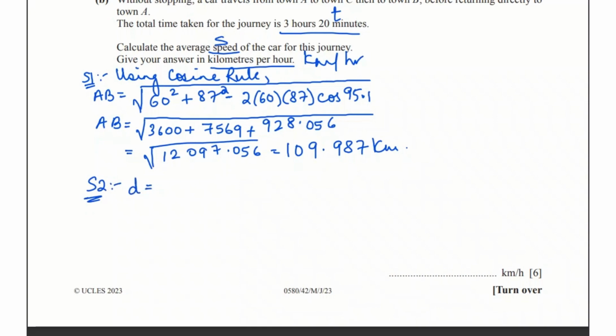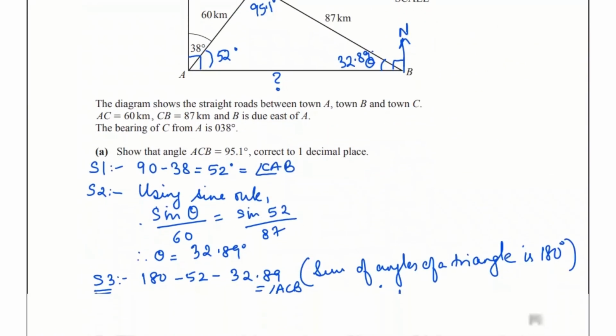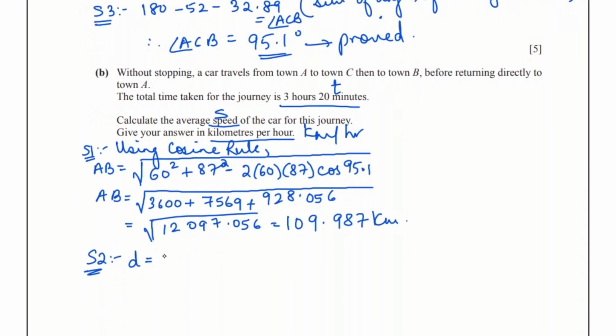So total distance was 60 plus 87 plus this new value that we calculated, 60 plus 87 plus 109.987, which gives 256.987 kilometers.